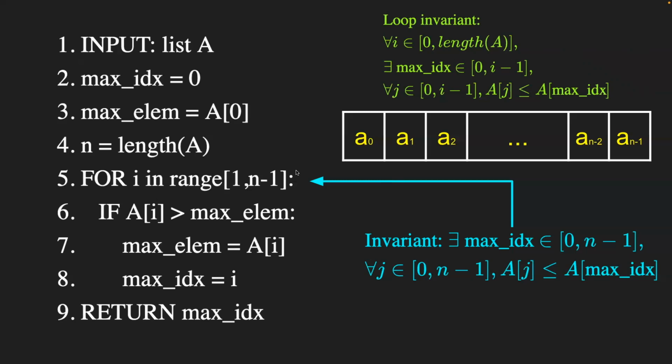But remember, we go to one more than where the loop ends. So even though this ends at n minus 1, we're going to be ending at n, and n is the length of A. And we say there exists some max index up to this I minus 1, and for all other indexes up to I minus 1, the value at this max index is greater than that value. And so this is what a loop invariant would be.